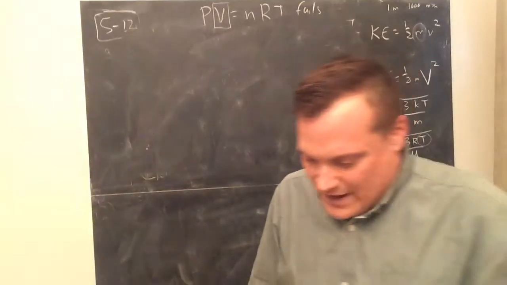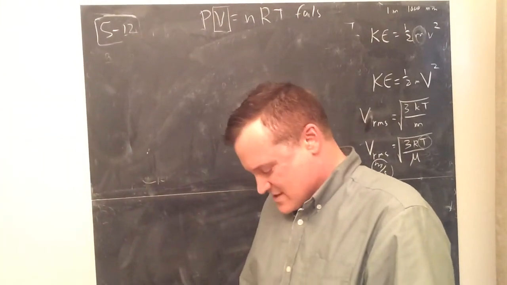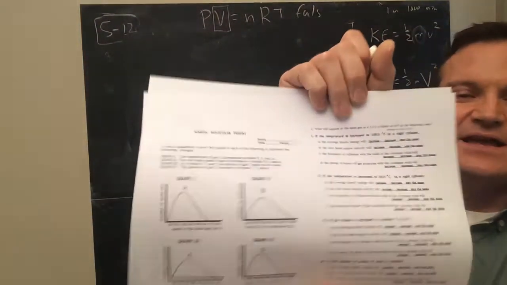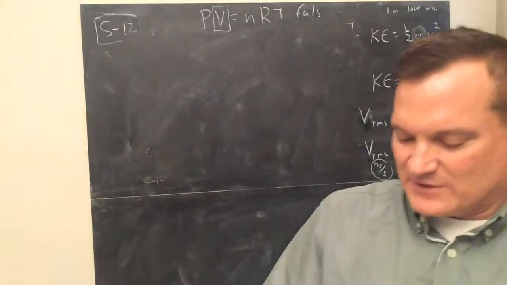Okay. Now, I forgot to tell you something else. As I'm doing the worksheet, I'll go over this. I need to talk about this little graph for a moment on the front.